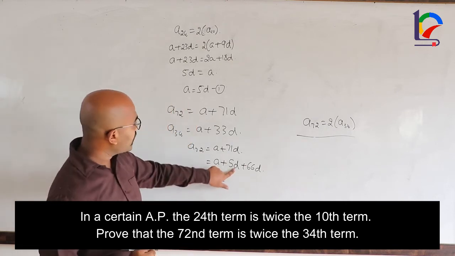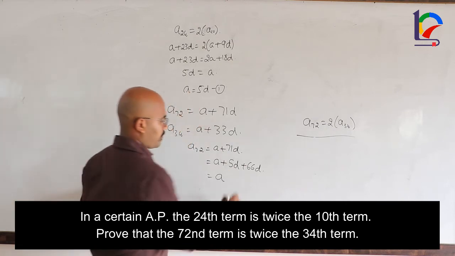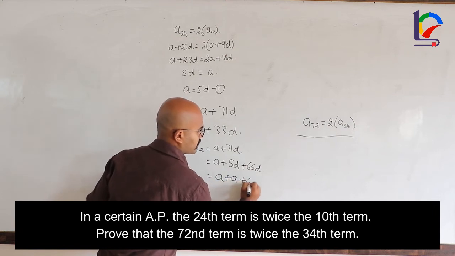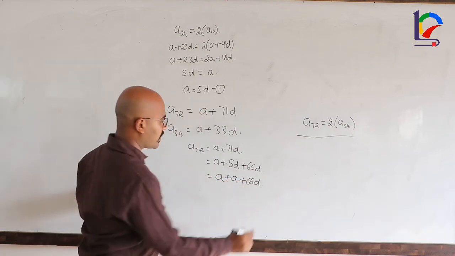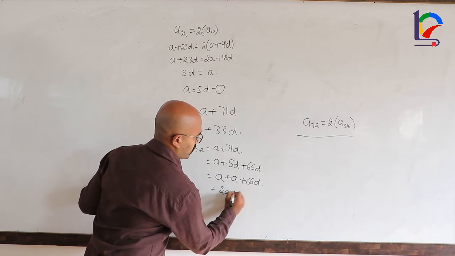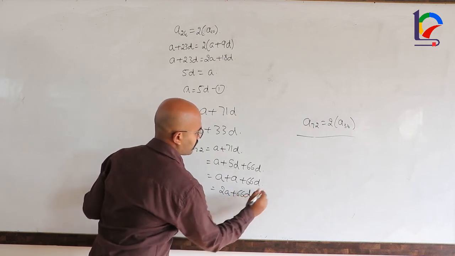What is 5d? It is a. So a plus a plus 66d. So 2a plus 66d.